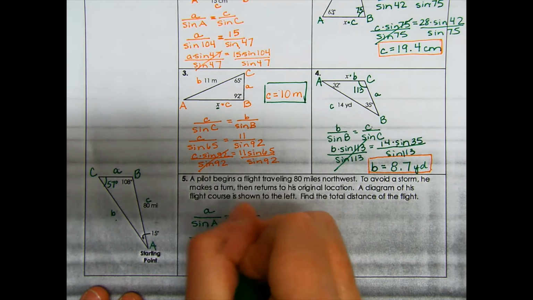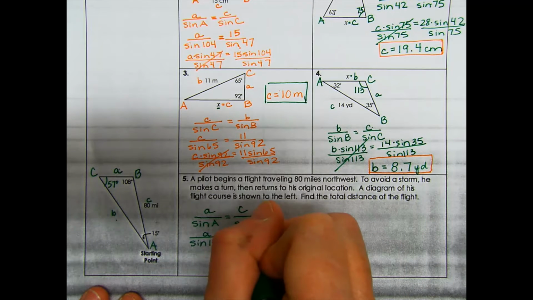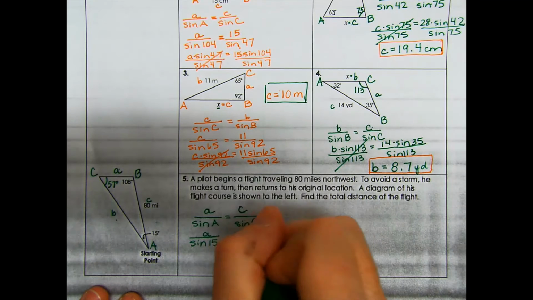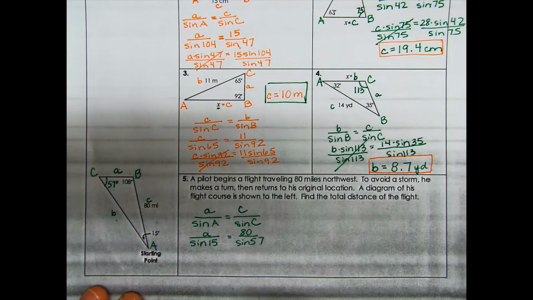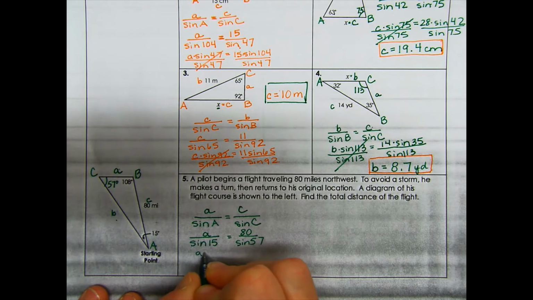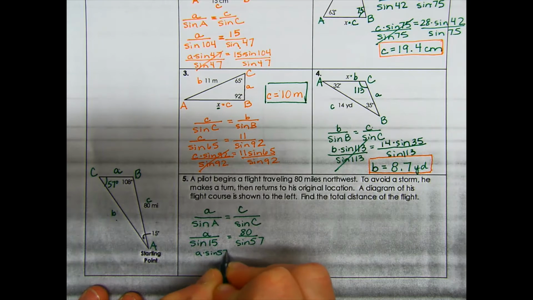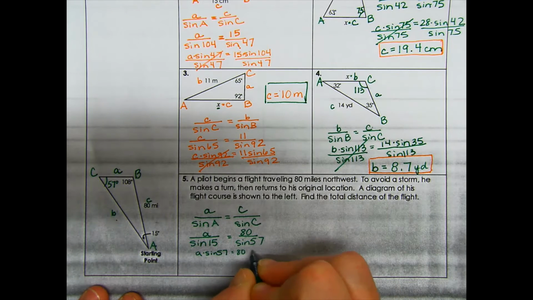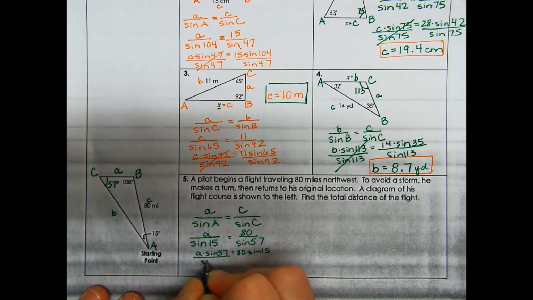Then I have the length of 80 miles. Then I have the sine of 57. So this is that cross multiply, and then we'll end up dividing. So a sine of 57 is equal to 80 sine of 15. So we're going to divide this out.